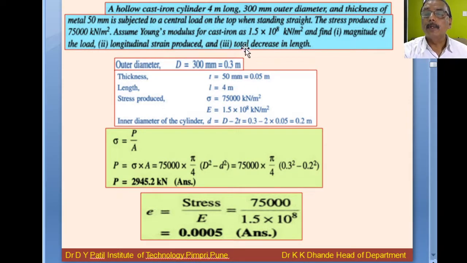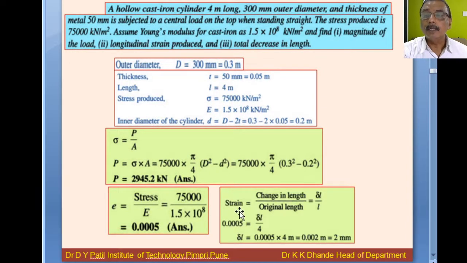And third, we have to calculate the total decrease in length. Decrease in length means change in length. So strain is equal to change in length upon original length, that is delta L upon L. Here we have to calculate the change in length.